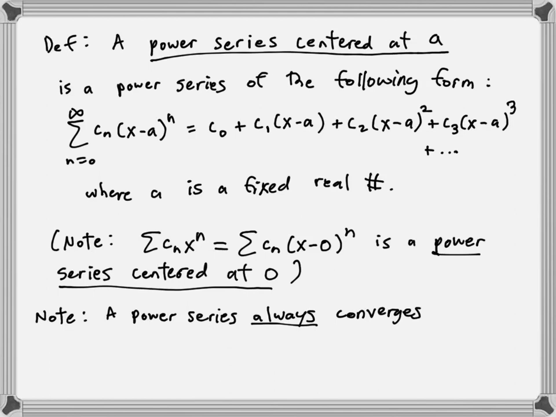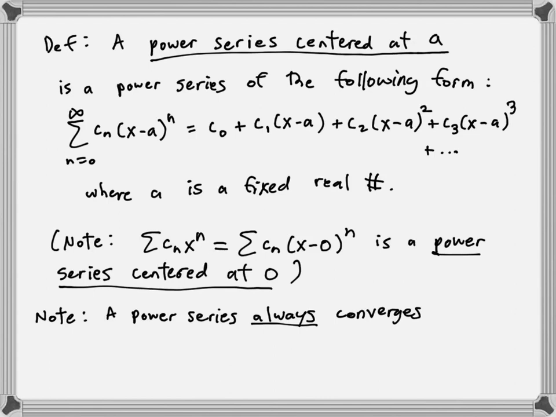What I'm about to write down is important because a thing you might wonder is, if I write down a power series, is it always guaranteed to converge somewhere? Or is it possible to write down a power series that doesn't converge anywhere? It turns out it always does converge somewhere.